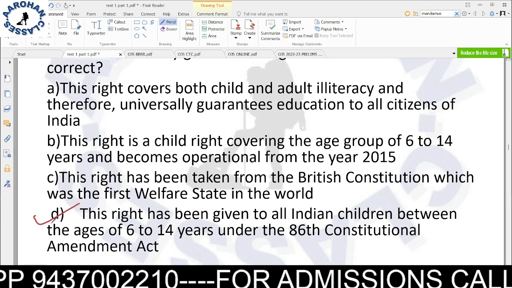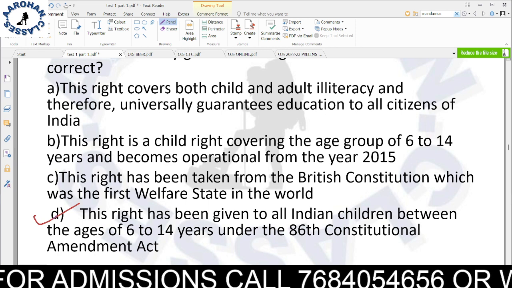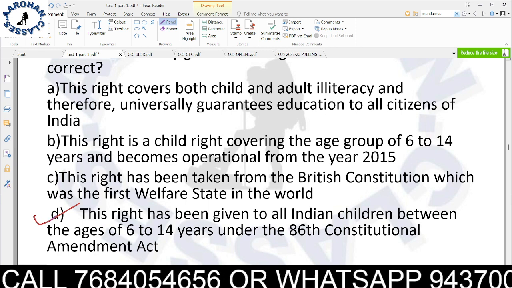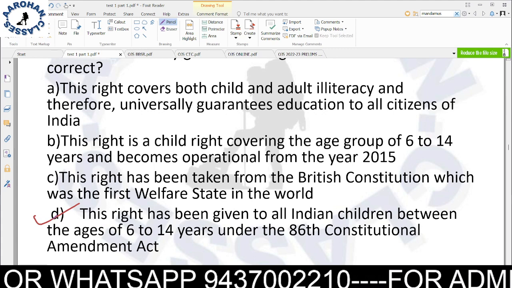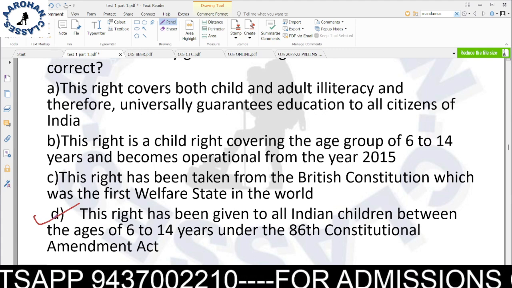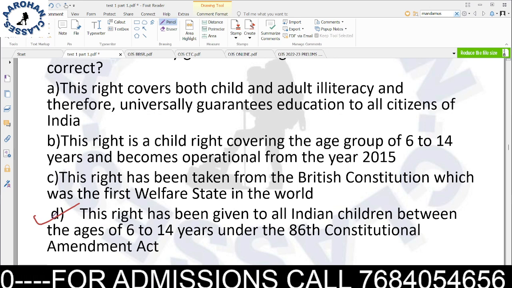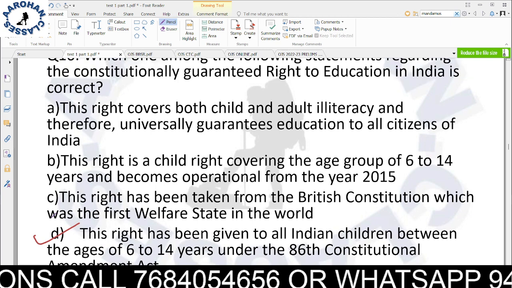This right has been given to all Indian children between the age of 6 to 14 years under the 86th Constitutional Amendment Act. Okay, so that was in 2002. Free and compulsory education for all children from 6 to 14 years. Okay, so that made education a fundamental right. Article 21A.